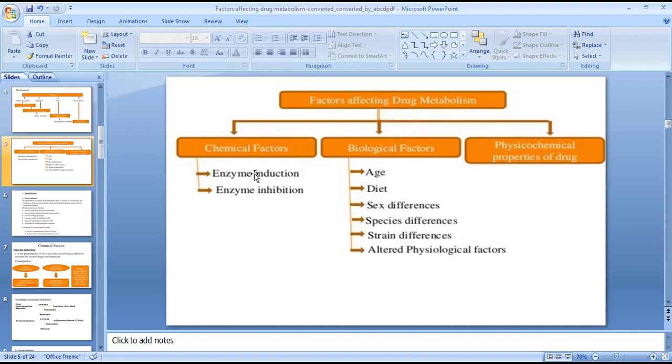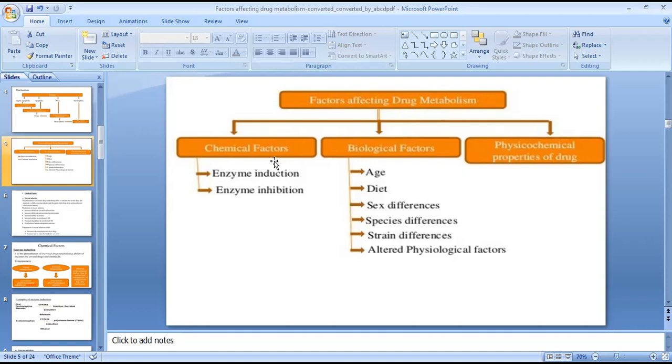Generally, metabolism of the drug is a first order process, which means that a constant fraction of the drug is metabolized in unit time.